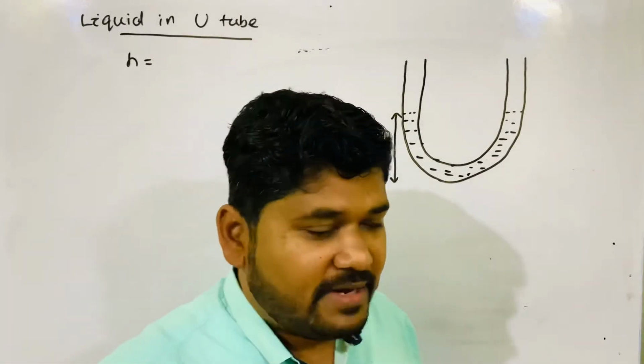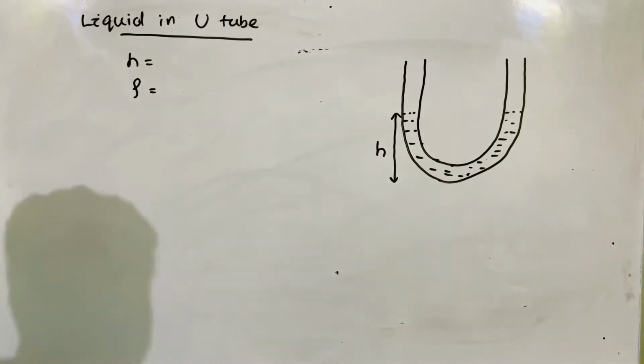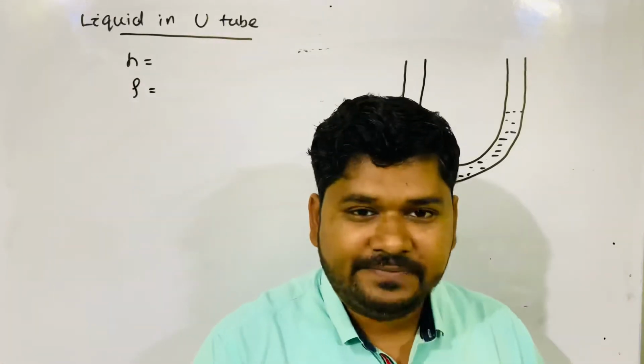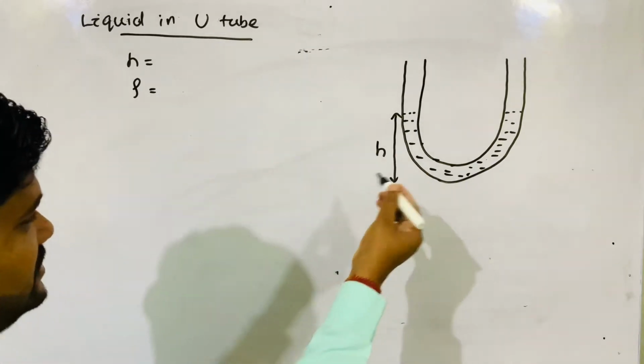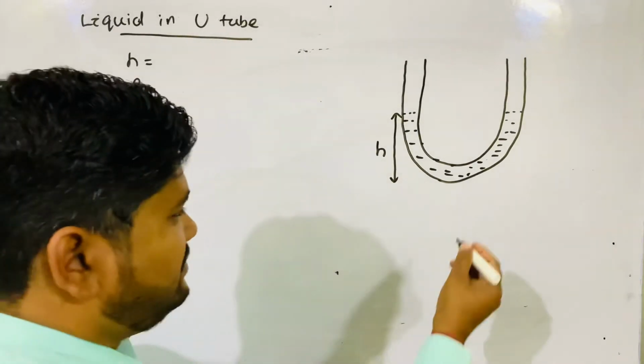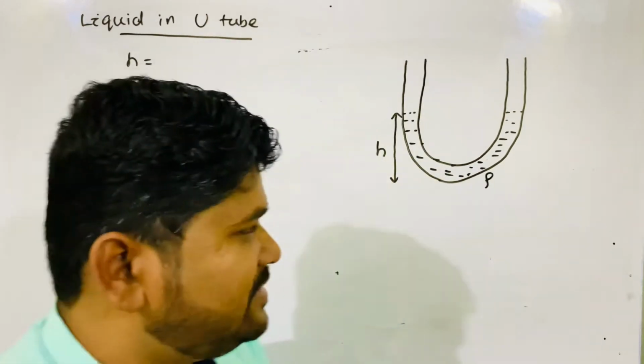You have to mention the variables you are using. Next is density: rho is the density of the liquid. We may need it.